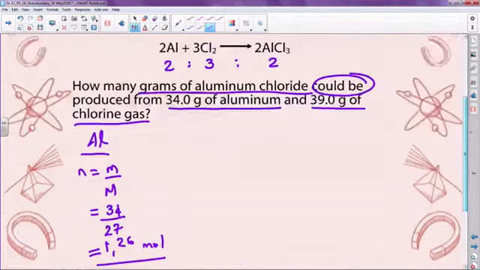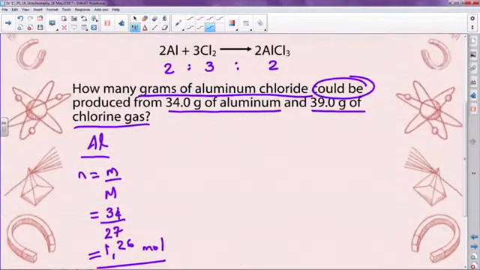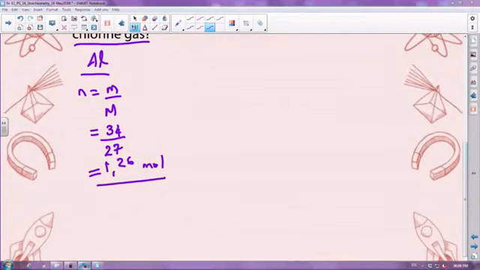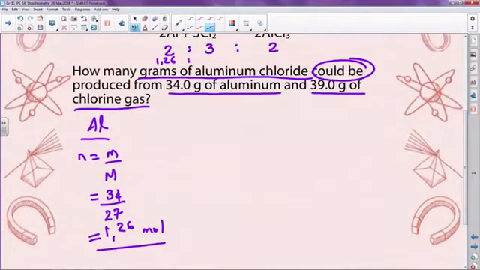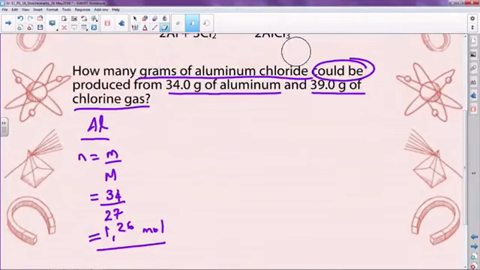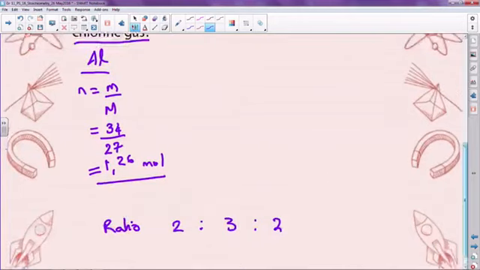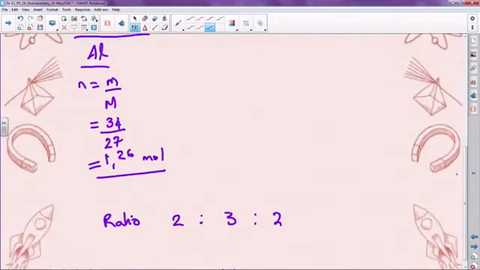If I go to my ratio, I've got 1.26 moles, right? I need to get that into a 3:2 ratio. In fact, let me do this. I'm going to rewrite my ratio down here because this is important. It's a 2:3:2 ratio. Let me just work out the chlorine quickly, and then it'll make more sense.